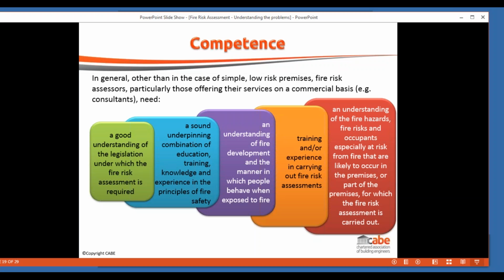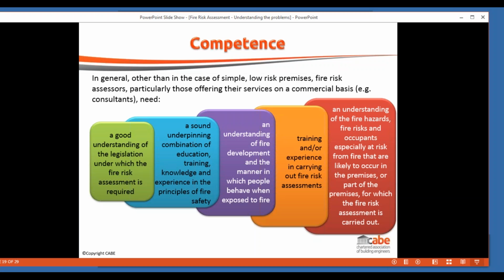If people are looking to offer a service as a fire risk assessor, they need to be able to demonstrate to the person responsible for the premises that they are competent to do so. So it needs a good understanding of the legislation that drives the fire risk assessment. It needs sound education, training, knowledge, skills, and experience in the sector.